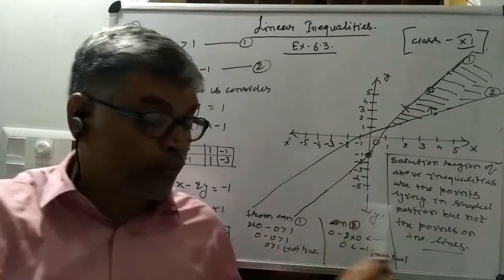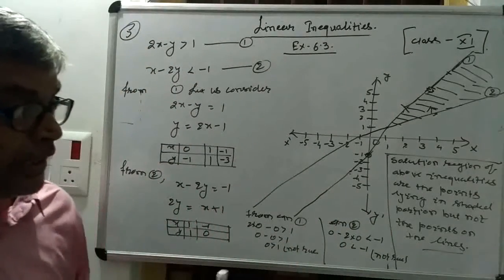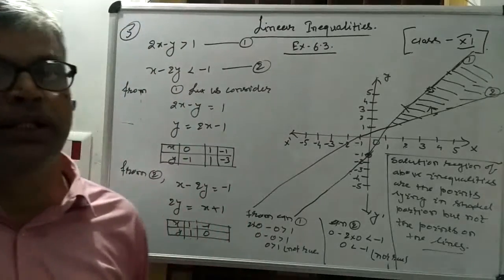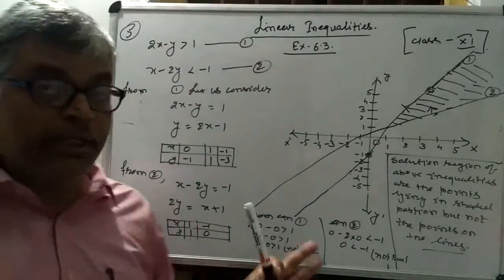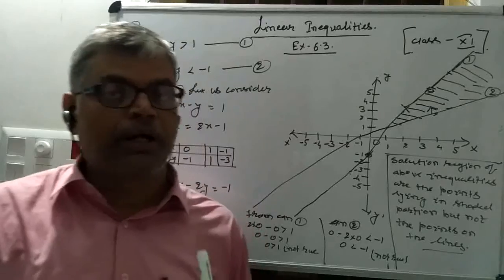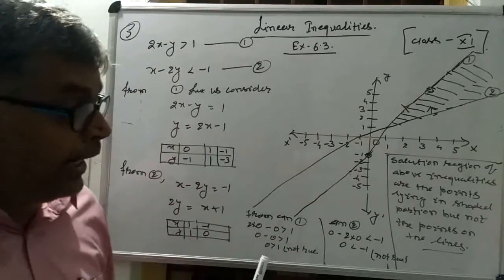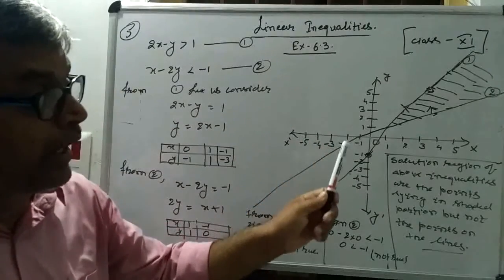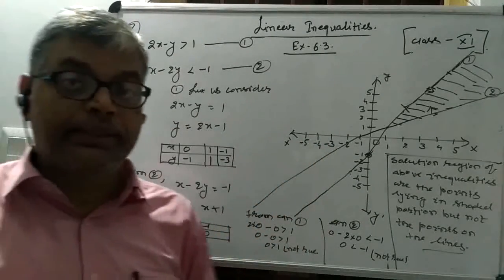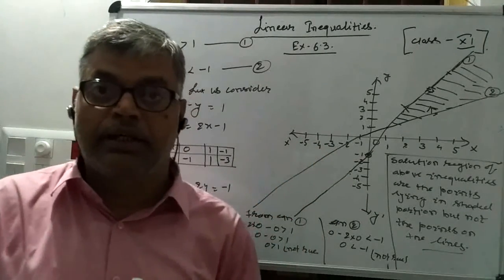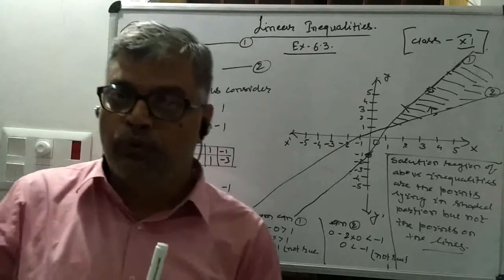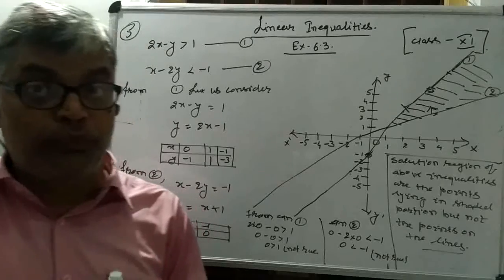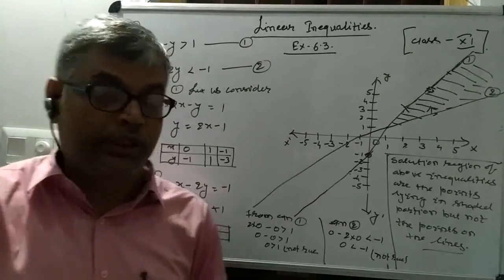So you have to keep this thing in your mind. When there is a case of strict inequality, the points lying on the line will not be part of the solution. And keep another thing in mind: which inequality is satisfied by taking the x and y value as 0, and which part will be its solution.